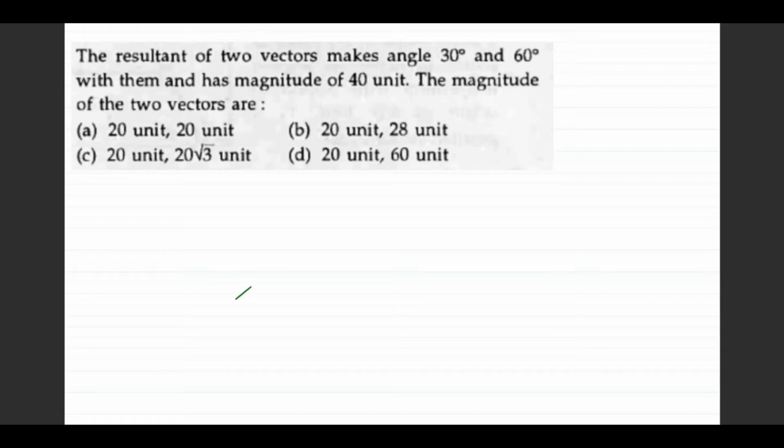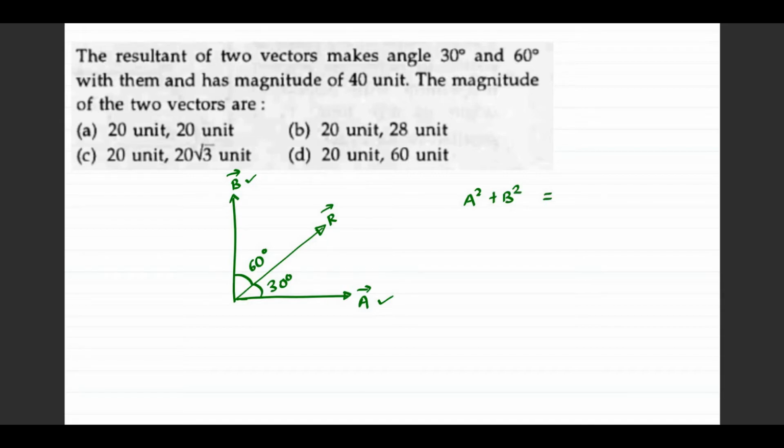Now, if we consider this question, suppose this is the resultant. With one vector it is making an angle of 30 degrees, and with the other vector it is making an angle of 60 degrees. So can I say vectors A and B are perpendicular to one another? So can I say A square plus B square should be equal to the resultant's magnitude squared, that is 40 square. So A square plus B square should turn out to be 1600, right?